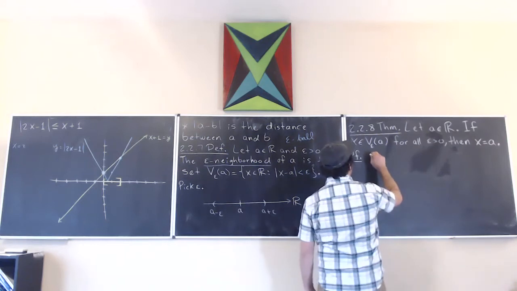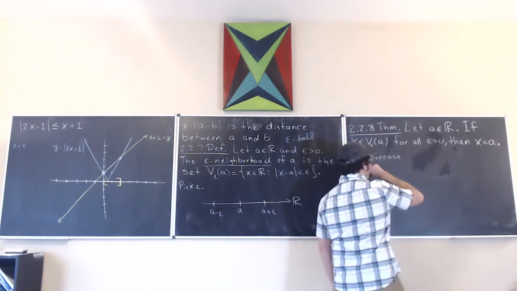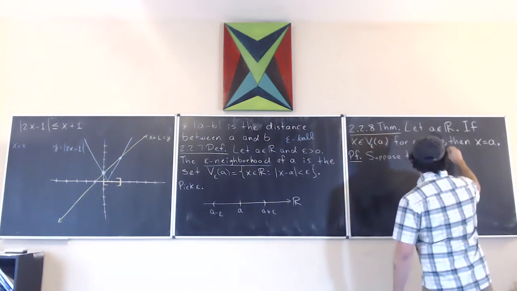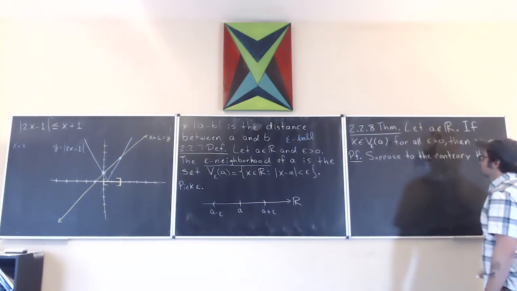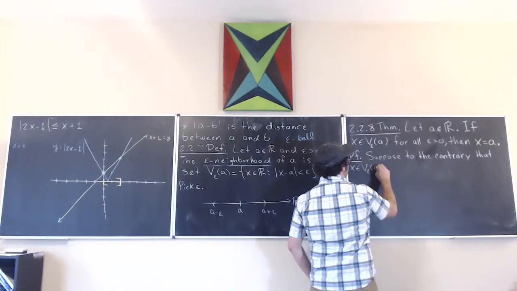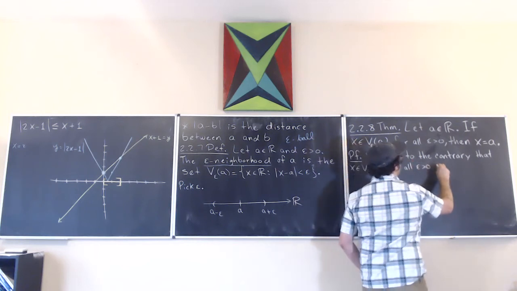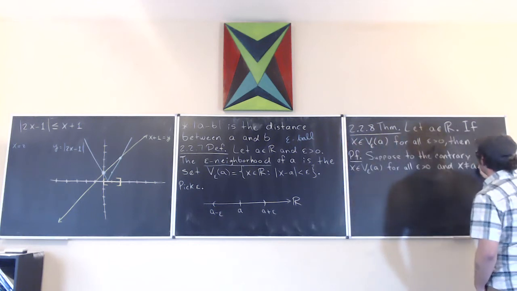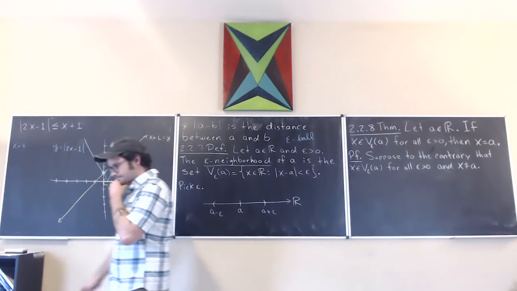So maybe suppose to the contrary that x is an element of the epsilon neighborhood of A for all epsilon greater than 0, and x is not equal to A.